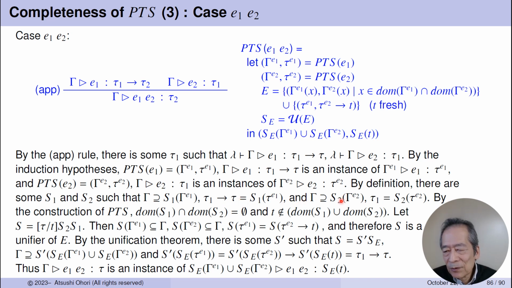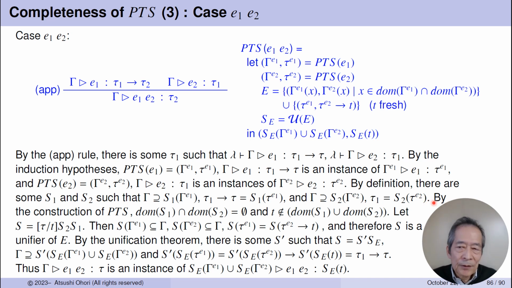Similarly for E2, S2 applied to gamma E2 is a subset of the same gamma, and S2 applied to tau E2 is tau 1. So far we have obtained these results by the induction hypothesis and by the definition of the instance relation.